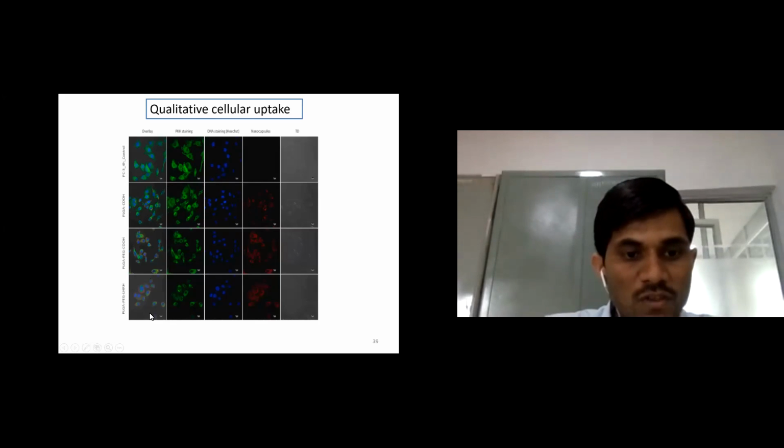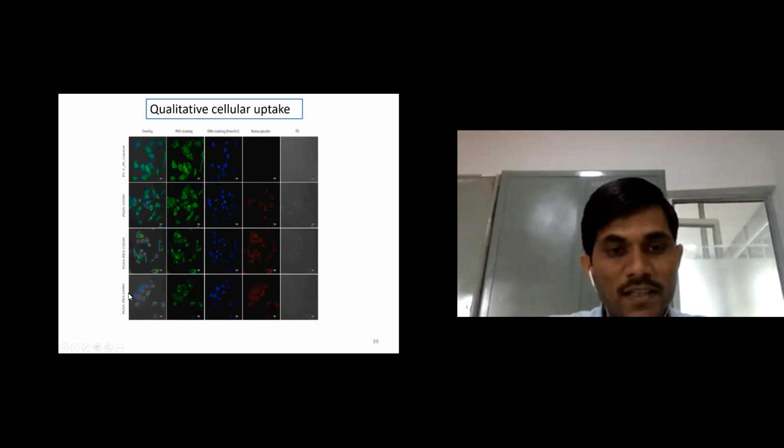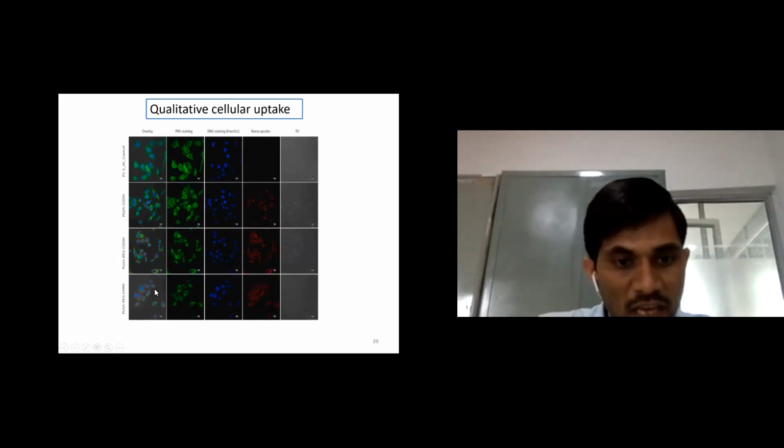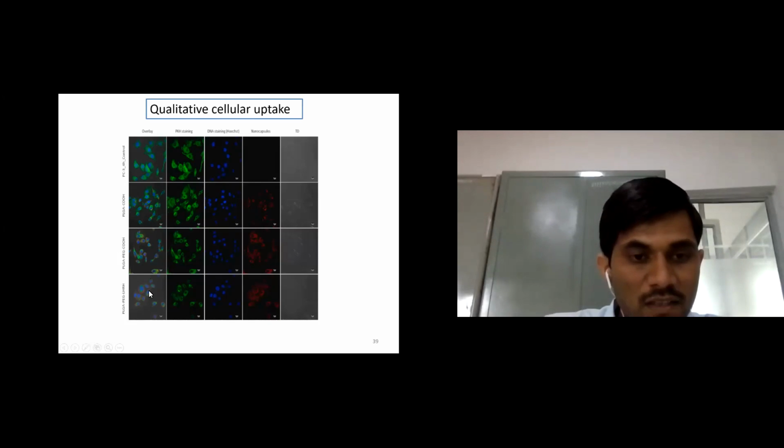Here we have observed these are the PLGA, this is PLGA-PEG, and this is PLGA conjugated LHRH nanoparticles. We have observed there is an increase in the cellular uptake as compared to control.